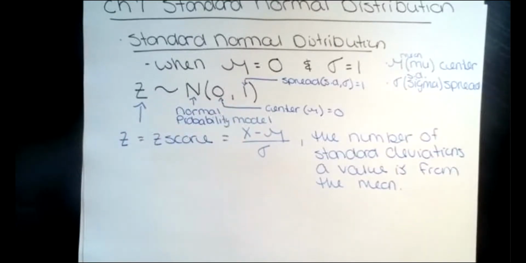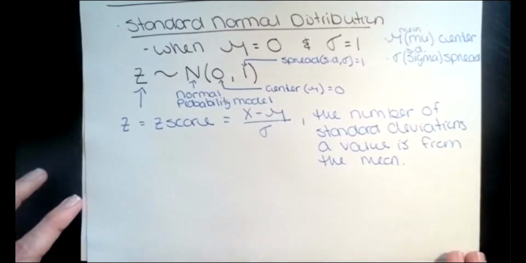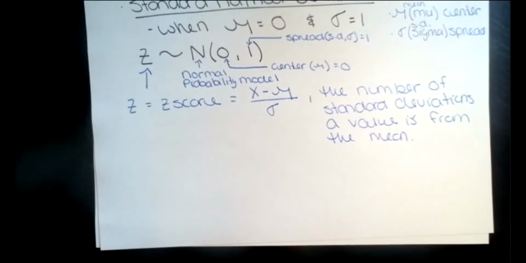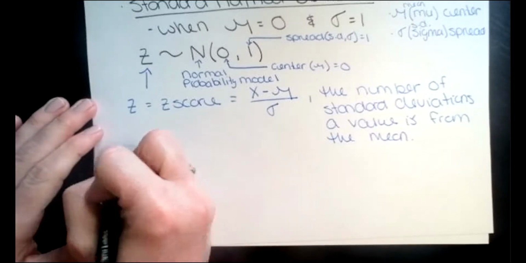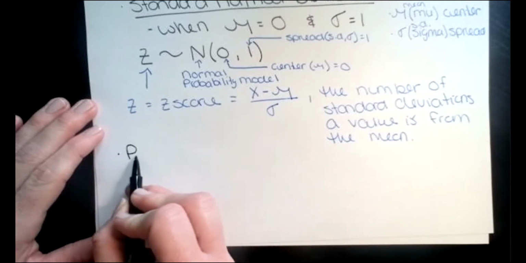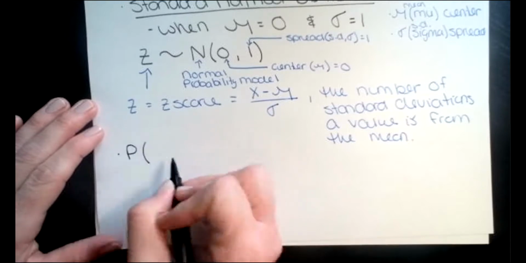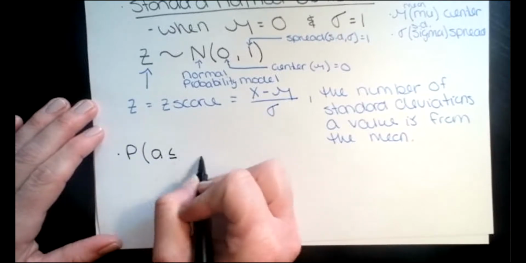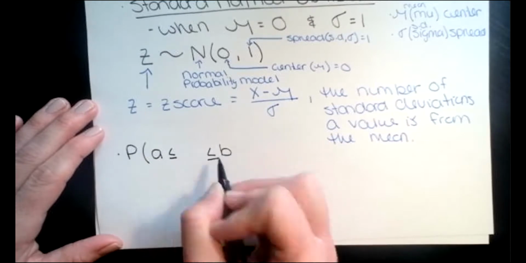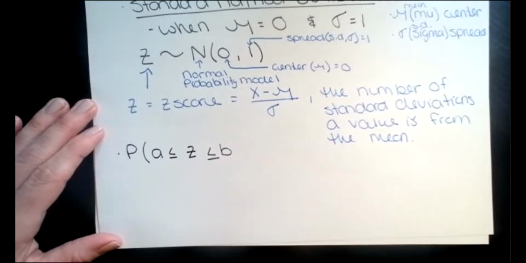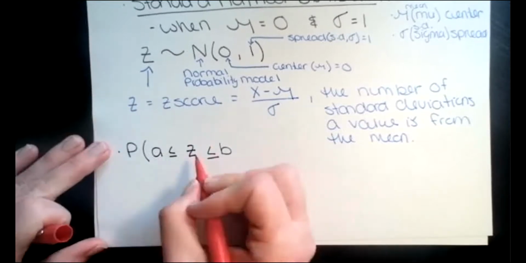Now, what I want you to recognize is when we're looking at some notation for the probability side of things, there's a couple key pieces or one specific key piece that you're going to notice so you know you're studying the standard normal curve. So if we're looking to find the probability that A is less than whatever we're studying is less than B, what it is that we're studying is Z. And Z right here is key.